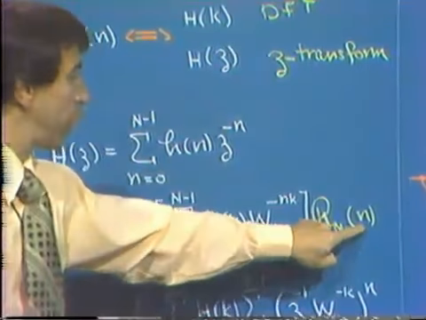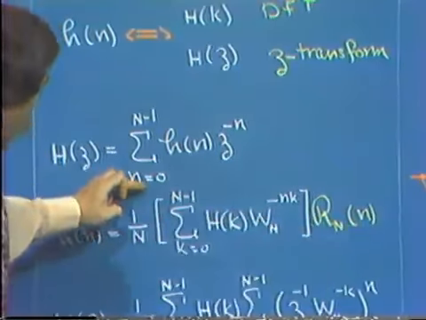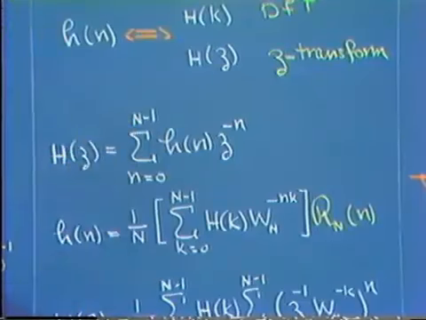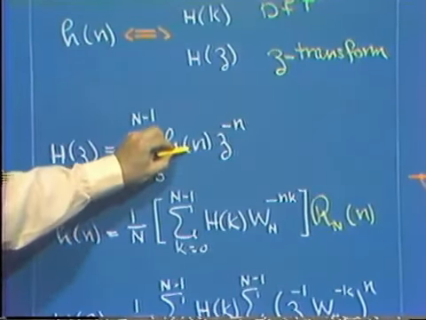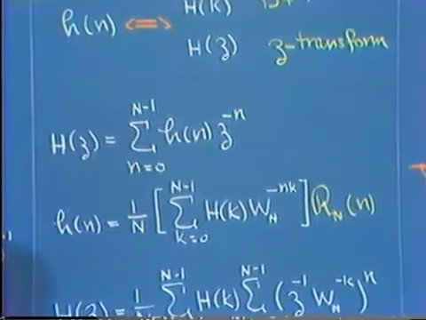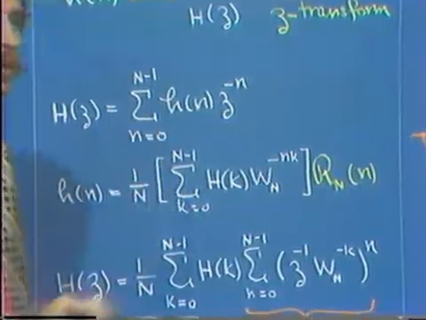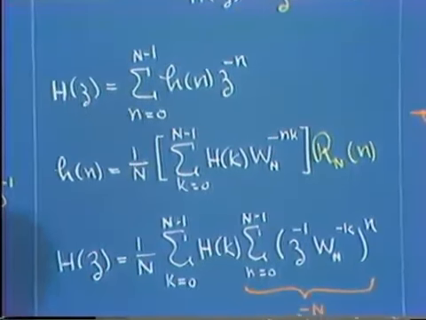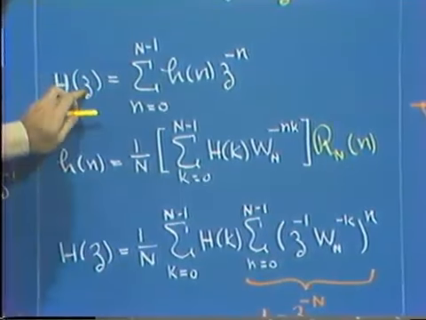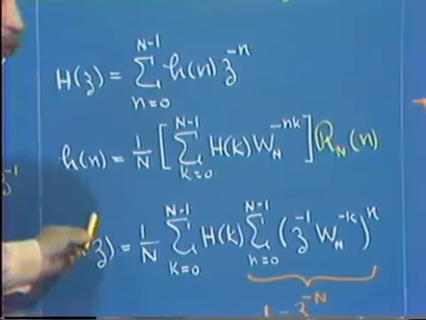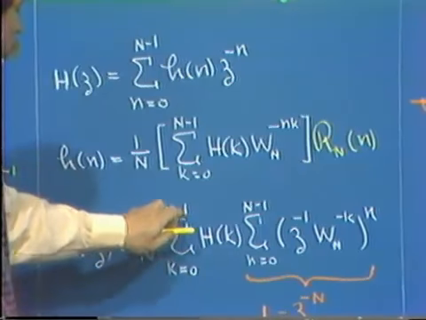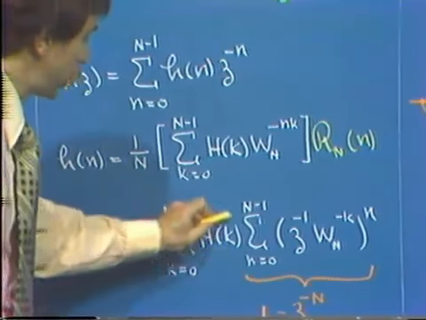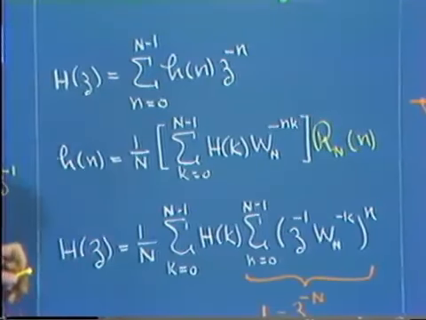The r sub N of n will disappear because we're only summing from n equals 0 to capital N minus 1. And if we substitute this in here and interchange the order in which we evaluate the sums, then the resulting expression for the z-transform, for the system function, is the sum from k equals 0 to N minus 1 of the DFT values.